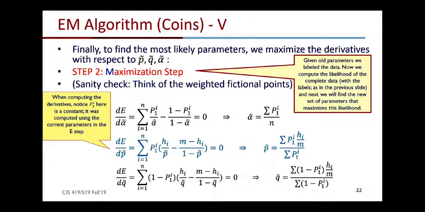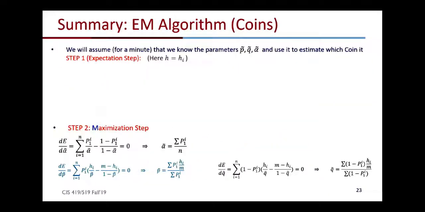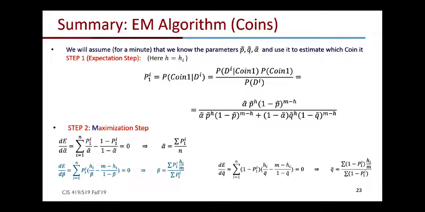So this goes to your question, why would I get new parameters when I label my 100 examples using the previous model? That's exactly what we've done here, right? So we label the 100 examples with the P1i, and now we recompute the parameters, and we're going to get a new set of parameters.